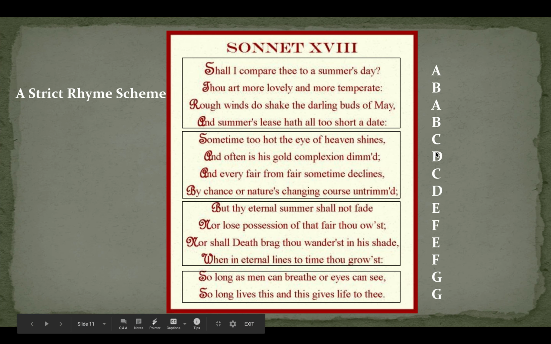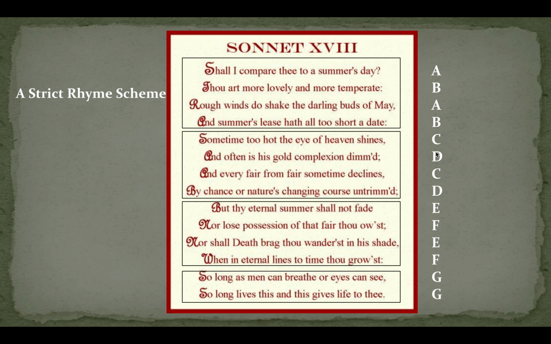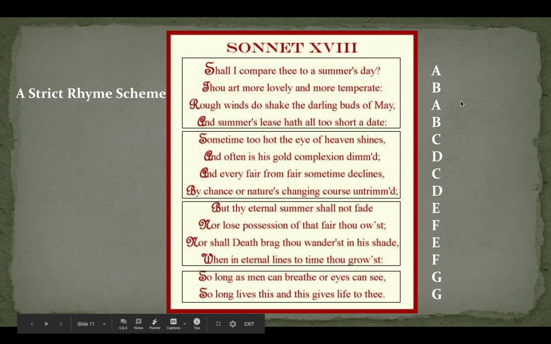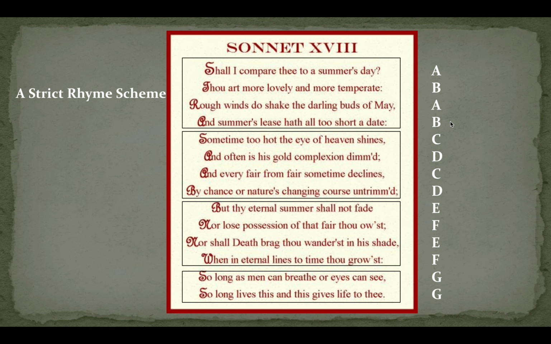Let's take a look. All right, so here is our sonnet number 18. I have divided this sonnet into its sections. So once again, I've got the first quatrain, the second quatrain, the third quatrain, and the final couplet. And you can see over here on the side where I've labeled the lines according to the rhyme scheme.